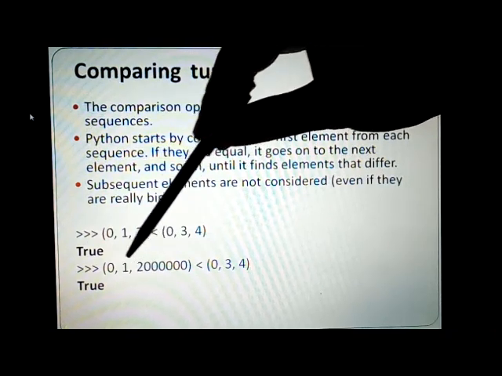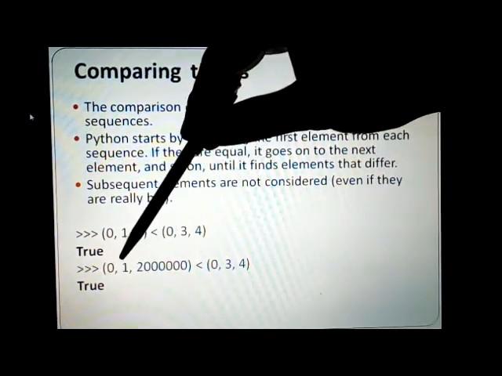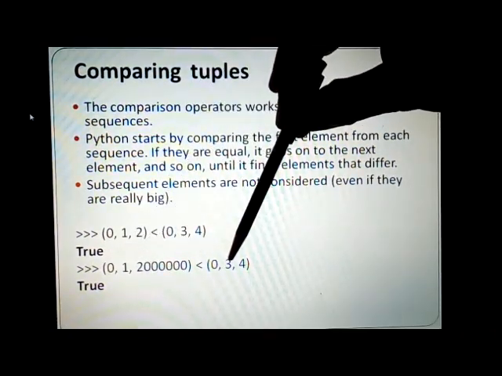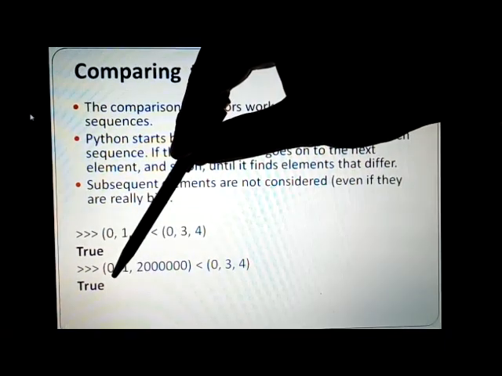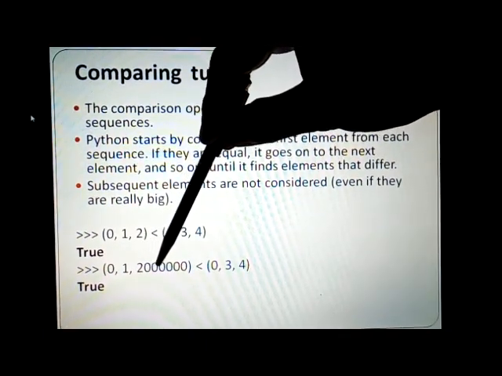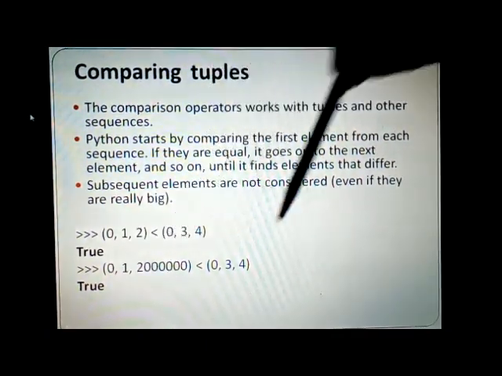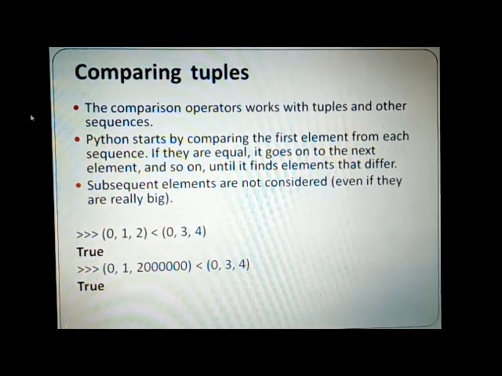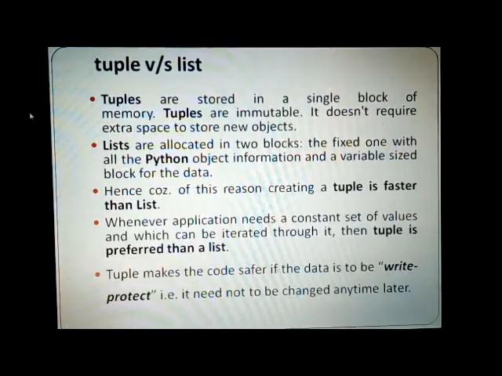Still it is true because it checks 0 with 0, which is fine, but 1 is less than 3, so immediately it will say true because the first tuple is less, and it will not check the next subsequent value, that is 20 lakhs with the 4. So this is how the comparison works in the case of tuples.